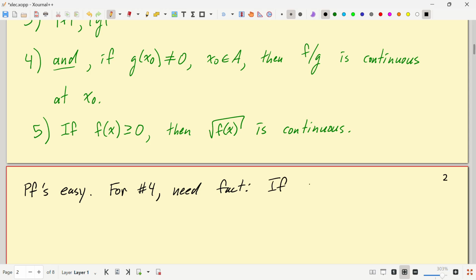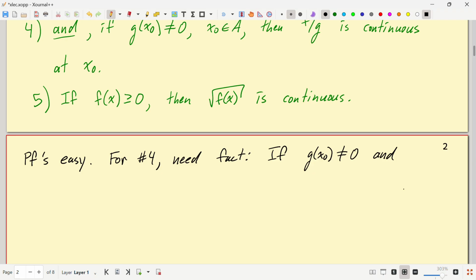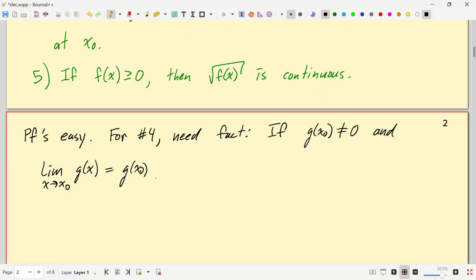If g of x naught is unequal to 0, and the limit as x tends to x naught, then you can find a little neighborhood nearby such that g stays away from 0.